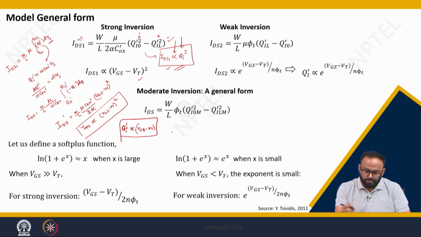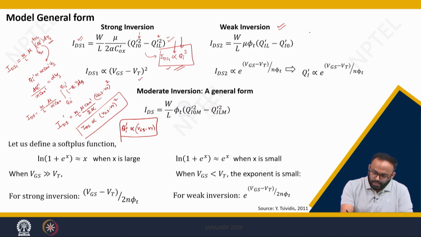Let's see what is the case in weak inversion. As we have discussed in the previous lecture, in weak inversion the diffusion current dominates and there is no drift component, correct? And hence the current equation, which was given as IDS2 equals W divided by L, mu, phi t into QiL dash minus Qi0 dash.